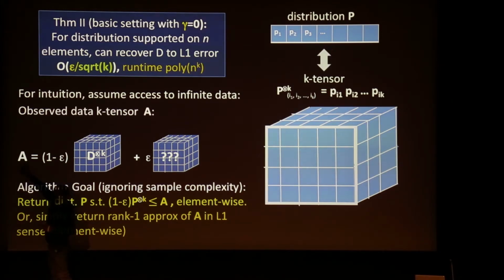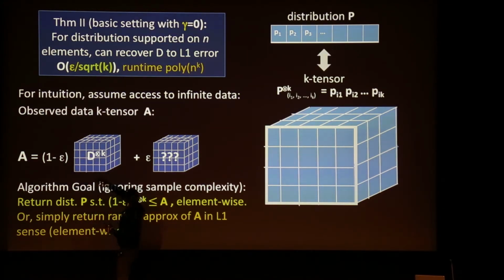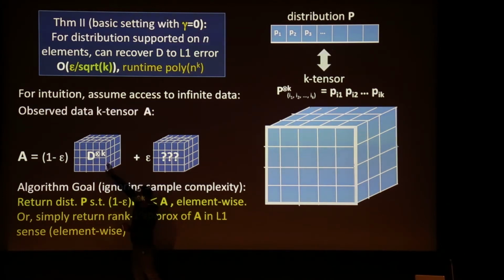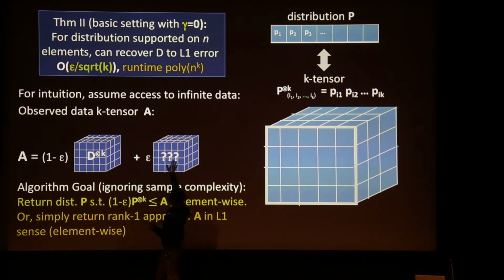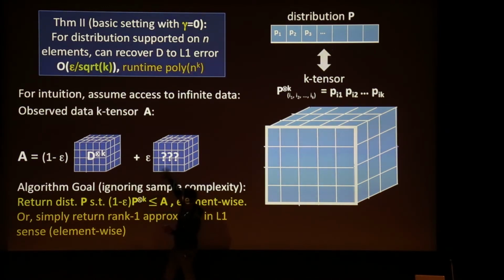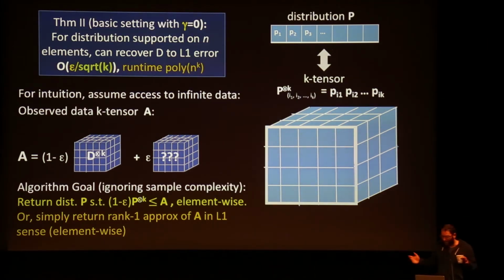This is the empirical distribution of all the batches you see. What is it? Well, it's 1 minus epsilon times the good stuff, plus some epsilon times some garbage. This good stuff is a rank 1 k-tensor. It's really nice. The garbage, who knows what it is, but it's non-negative. The extra data is not going to take away anything from this. It can only add.